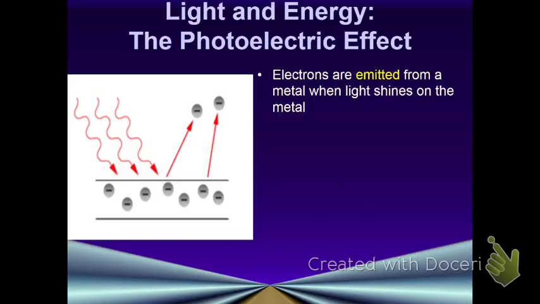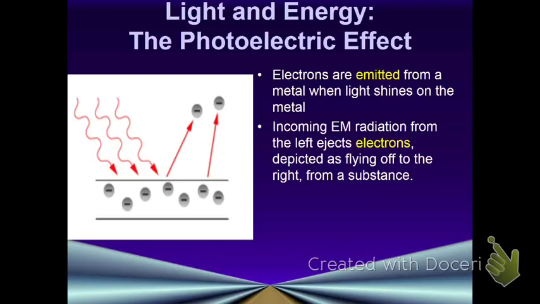All right, so let's talk about light and energy and the photoelectric effect. Electrons are emitted from a metal when light shines on it. We know that, shiny metal, right? Incoming electromagnetic radiation on the left side of this picture is hitting or striking the metal, and it's doing so with enough energy that it ejects electrons, and they are depicted as coming off the surface of the metal.